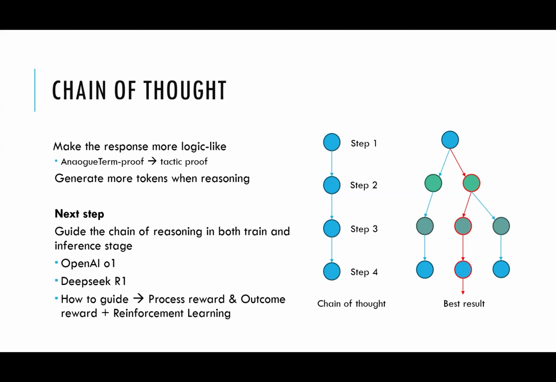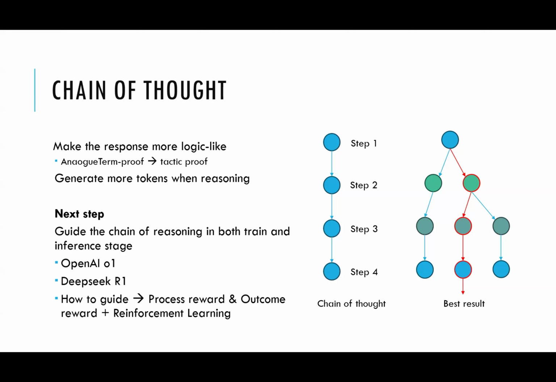Beyond the chain of thought comes the most recent breakthrough of large language models, which is called test-time scaling, or just R1-like models. What an R1-like model does is that it not only outputs a chain.